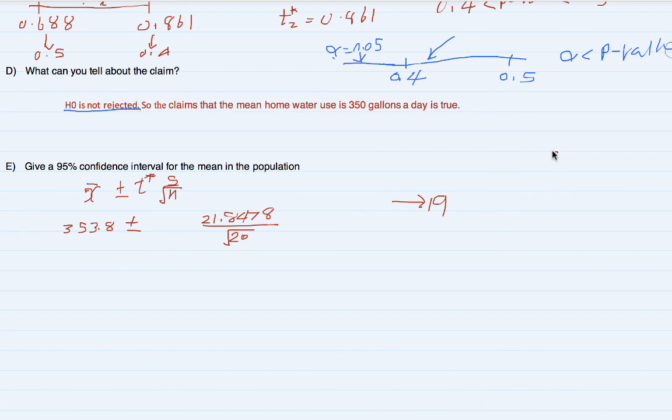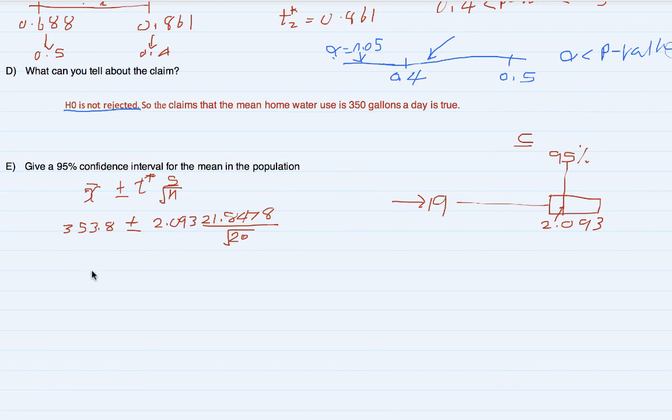And they are asking for 95 at the top of the t table. Go to the 95% confidence level. Then you take the number over here, which is 2.093.